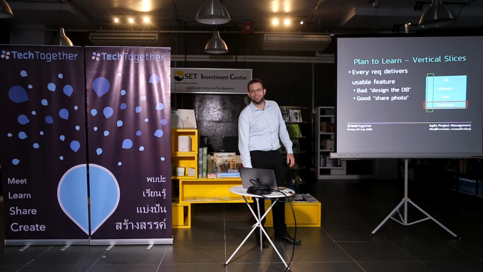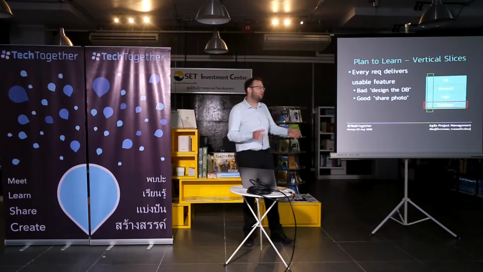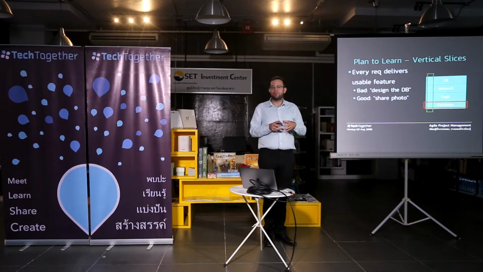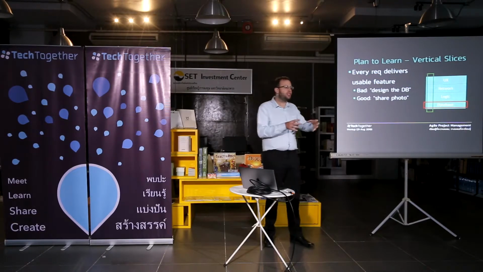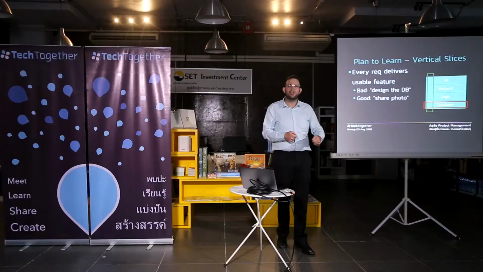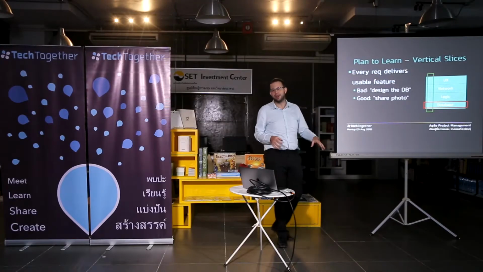This sounds a lot easier than you might think. It's very tempting, at the beginning of your sprint, to plan a bunch of features. You know what you need to build in that cycle, in that sprint. And then inside that sprint, you spend the first 3 days doing all the database work for that sprint.